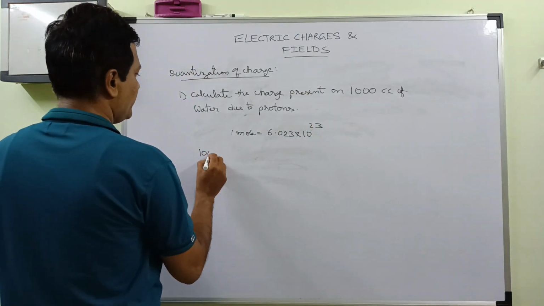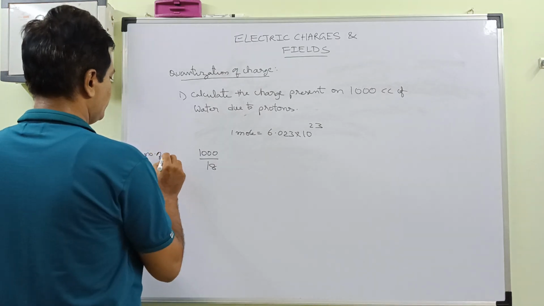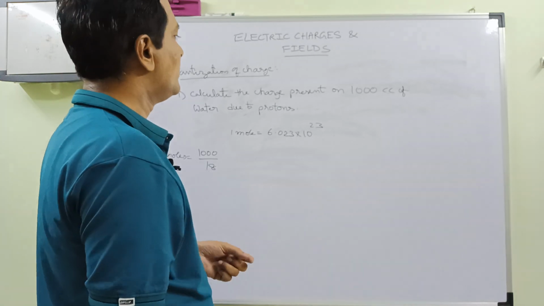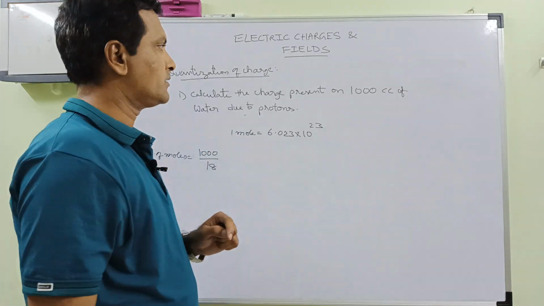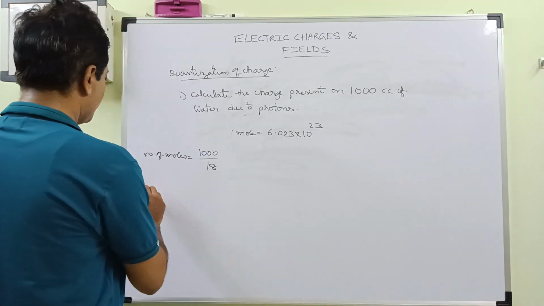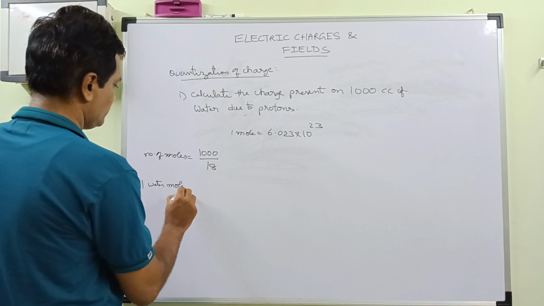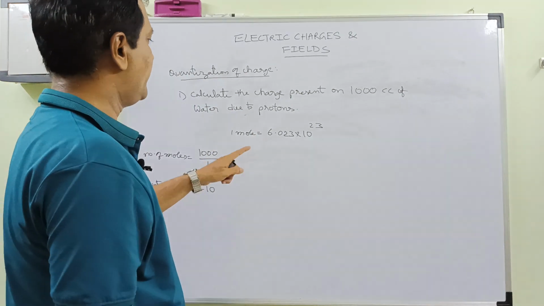One mole of water equals the gram molecular weight of water, so the number of moles is 100 by 18. One water molecule will contain 10 protons. So we have the data now.